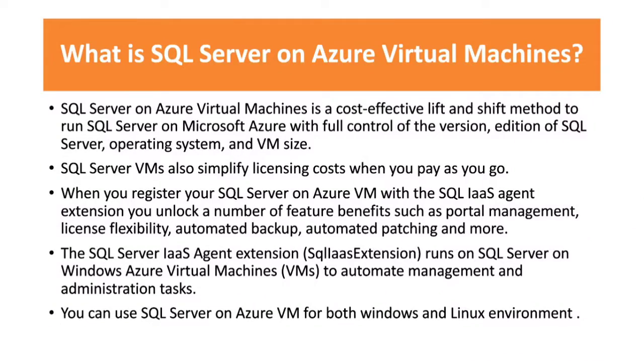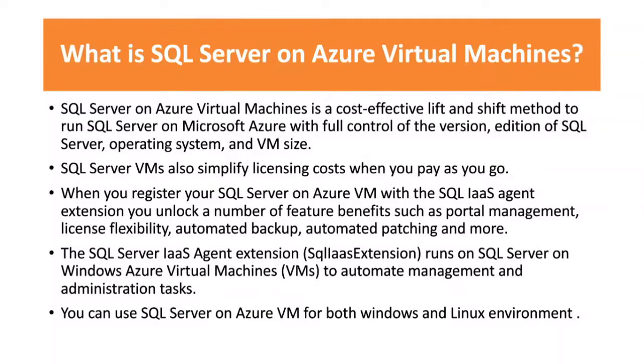When you register a SQL Server on Azure VM with the SQL IaaS agent extension, you unlock a number of feature benefits such as portal management, license flexibility, automatic backup, automatic patching, and more. So if you install this extension, you will get the benefit of automatic backup, patching, and much more.